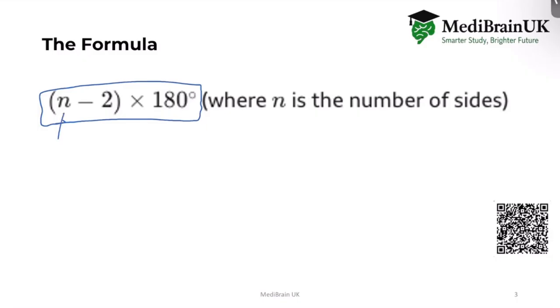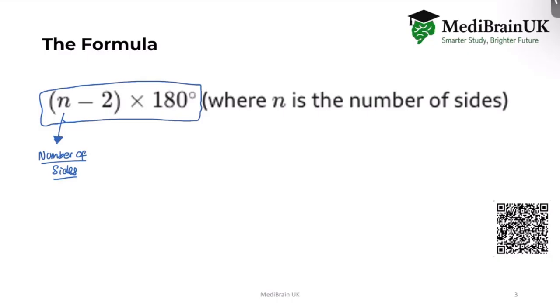And n tells you the number of sides. That's what the n stands for. So n minus 2 multiplied by 180 degrees.